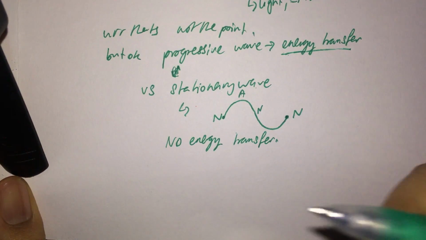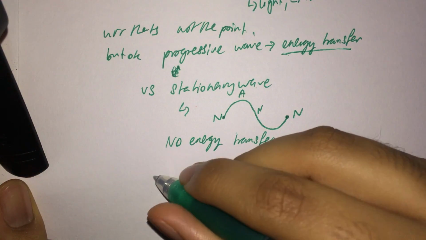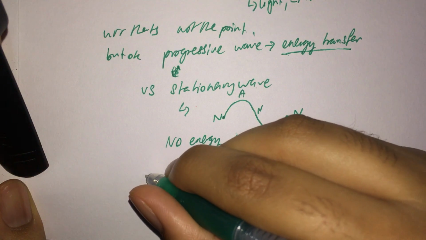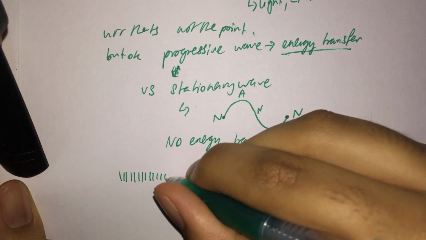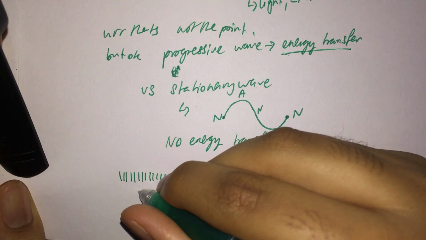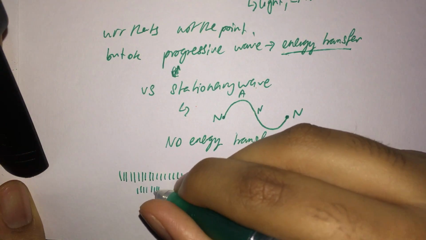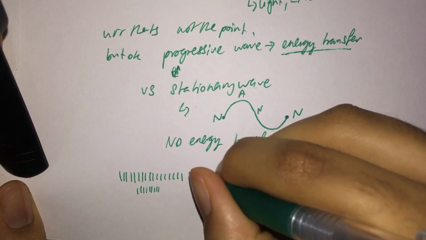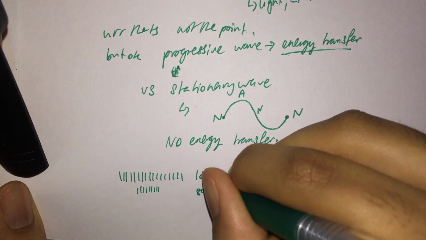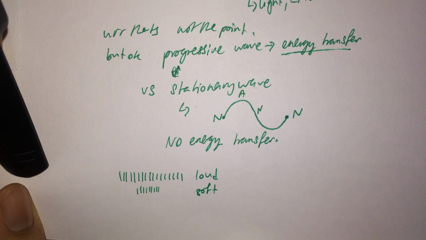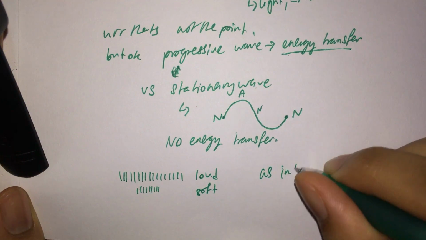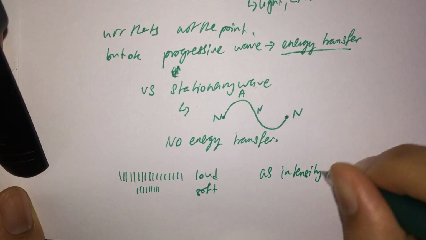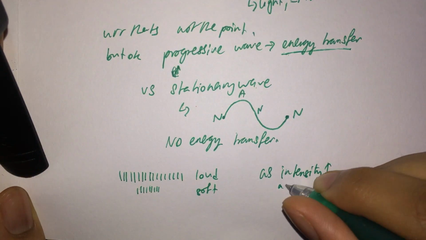Or if your sound is louder, like if I talk with a really loud voice versus a really soft voice, if I look at my audio recording, the loud voice will show a higher amplitude compared to the soft voice. So your intensity of light or sound is related to the amplitude of that wave. So what exactly is the relationship?